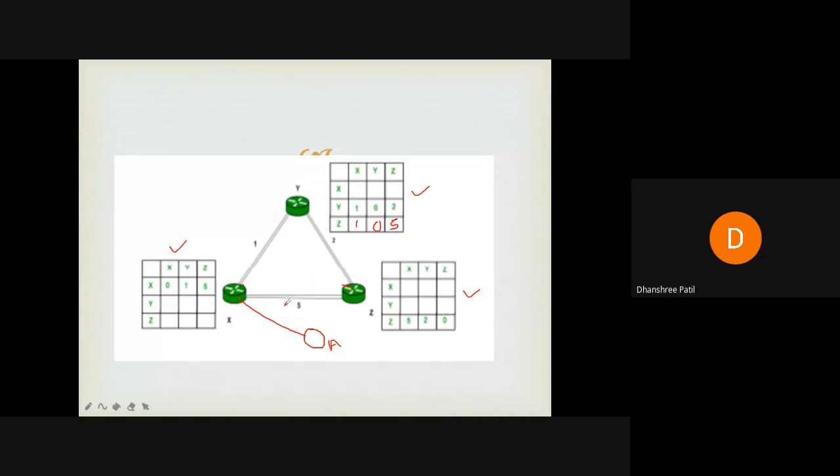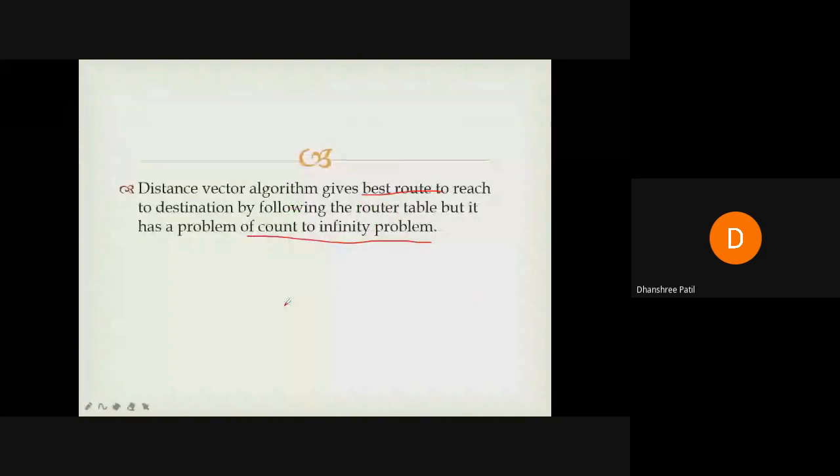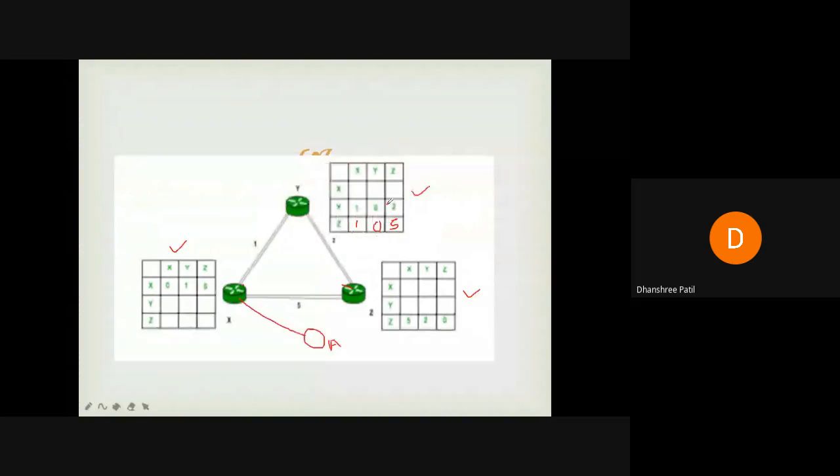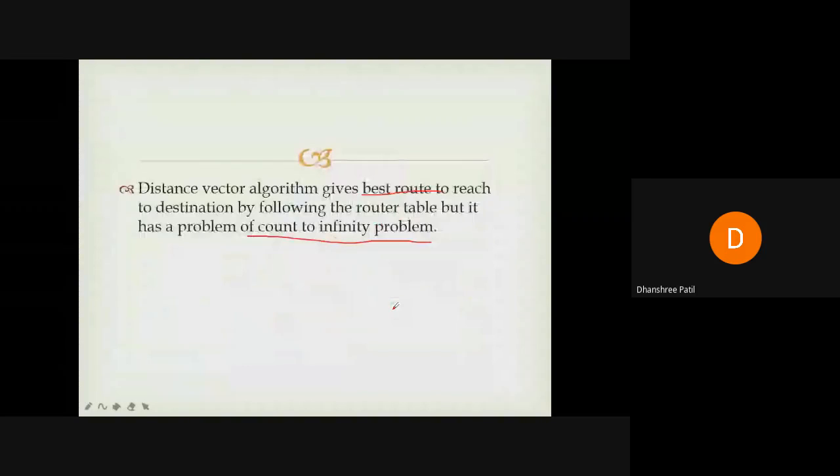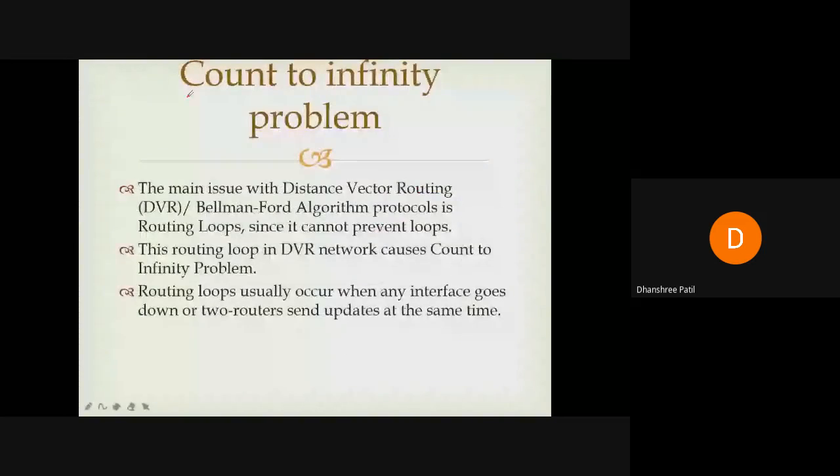But it has one property: this routing table information is shared only with the neighbors. With the help of these routing tables we can find the path easily, but because the information is shared only with the neighbors, the main problem arises, which is the count to infinity problem. That also we have discussed in the last lecture.